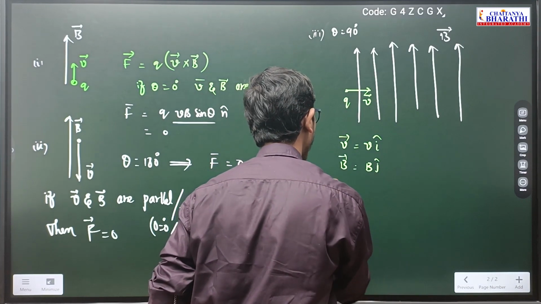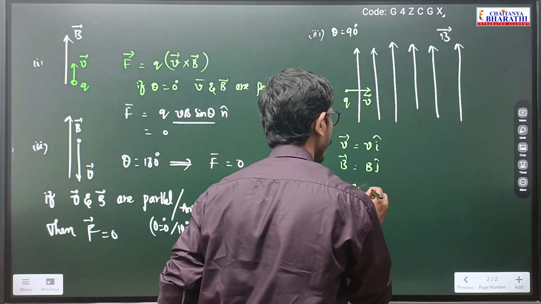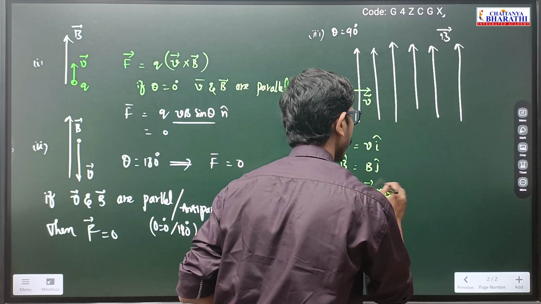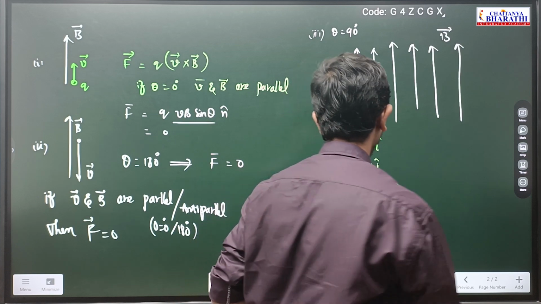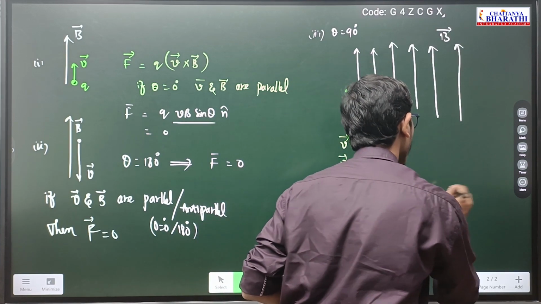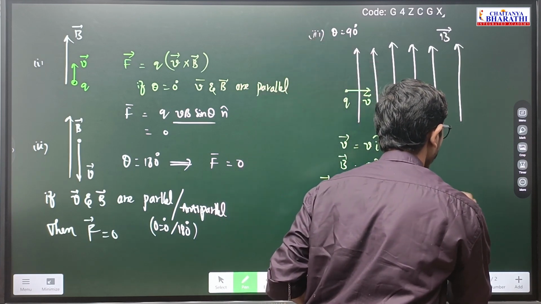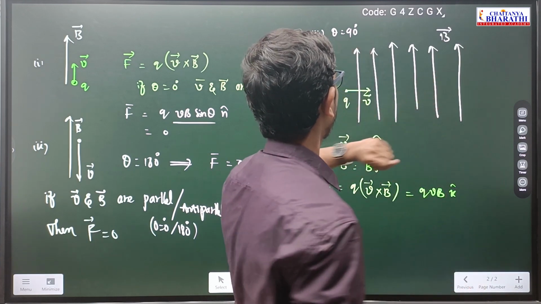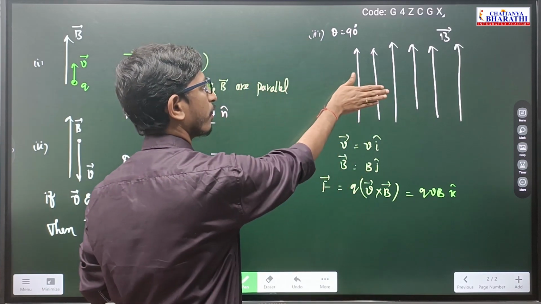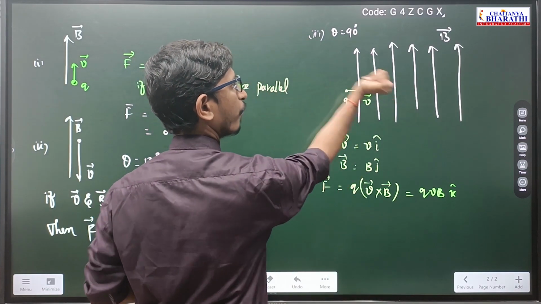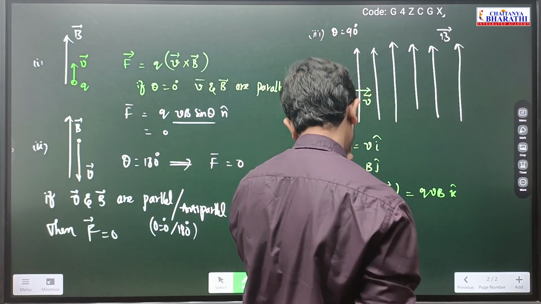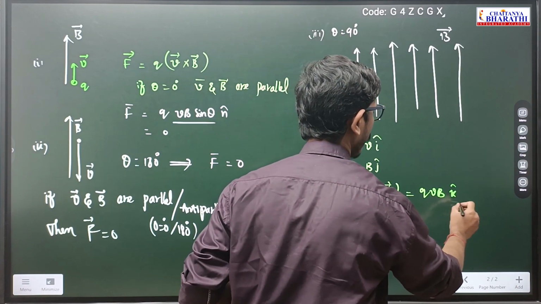So what will happen to the F bar? F bar equals Q into V bar cross B bar, which is Q V B times i cross j, and i cross j is k cap. So you will get a force in this direction, and it is not going to be 0.